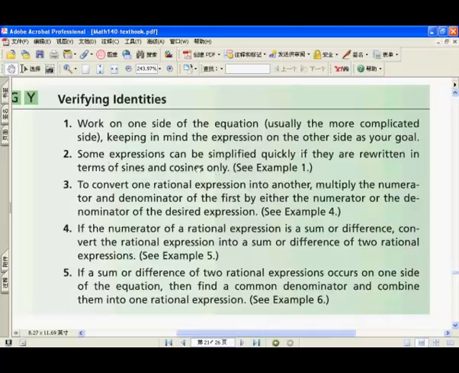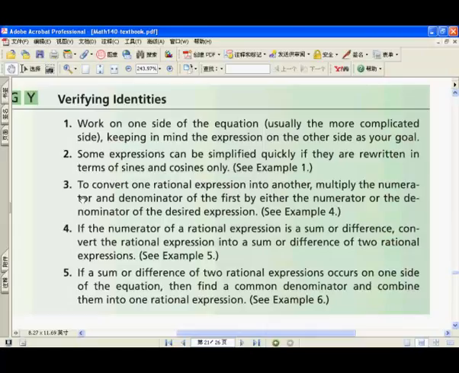Then step 2, some expressions can be simplified quickly if they are rewritten in terms of the sines and the cosines only. So we like to deal with the sines and cosines, compared to the other 4 trigonometric functions. So generally, we try to rewrite the other 4 functions in terms of the sines and cosines.